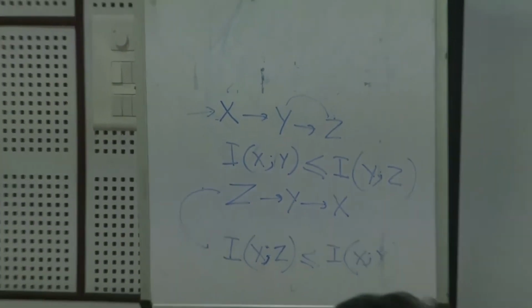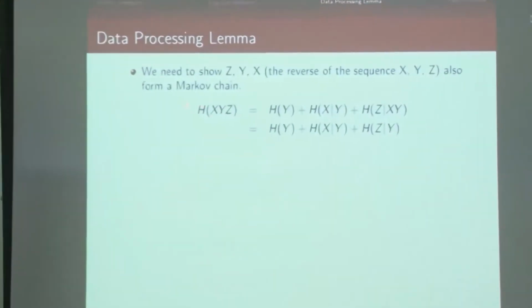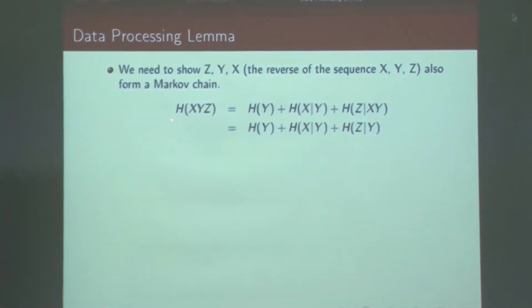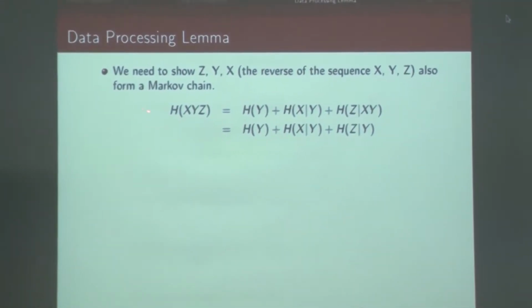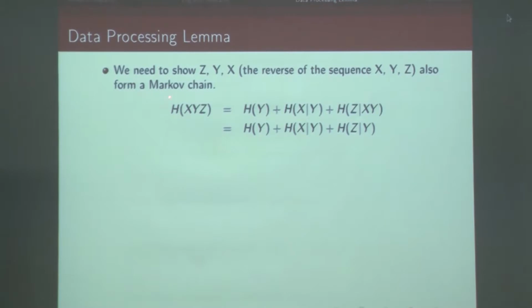To prove this, we are going to apply the chain rule first to this joint entropy of x, y and z. So, entropy of x, y and z can be written as h of y plus h of x given y plus h of z given x, y.